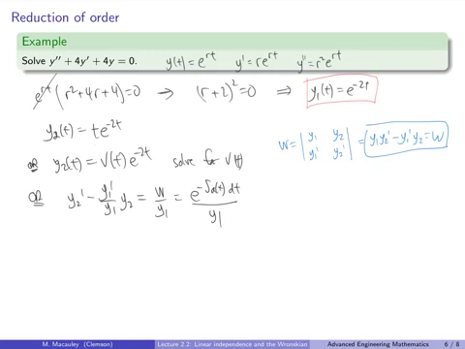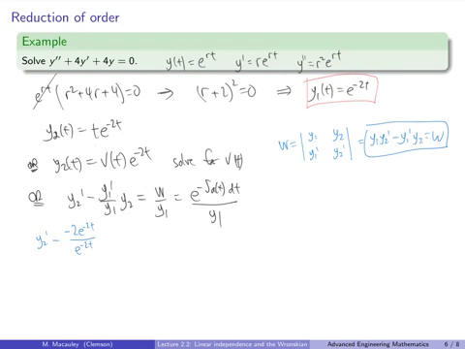I mean, you know y1 and y1 prime. You know w. You can get that from Abel's theorem. And so you just got to solve for y2. So again, if you don't have this memorized, I understand, you don't really need it. So now let's actually plug this thing in. So what do we have here? We have y2 prime minus y1 prime, that's minus 2 e to the minus 2t, and y1 is e to the minus 2t.